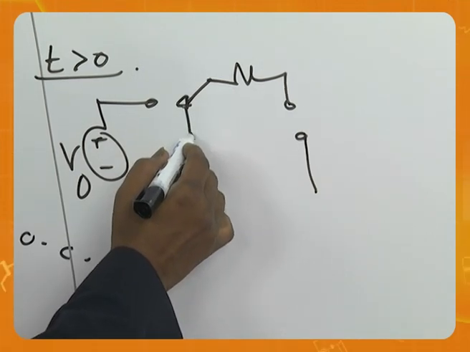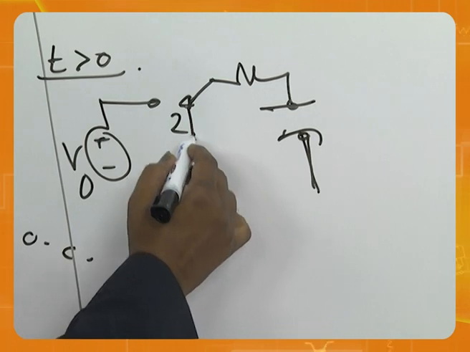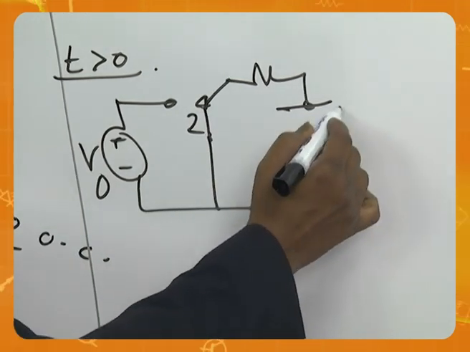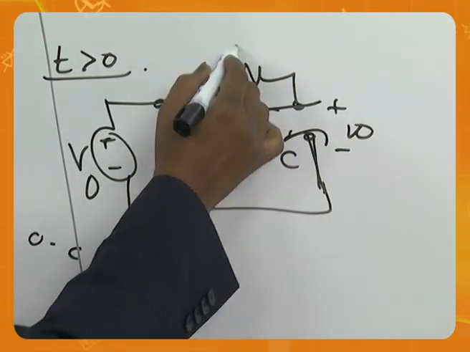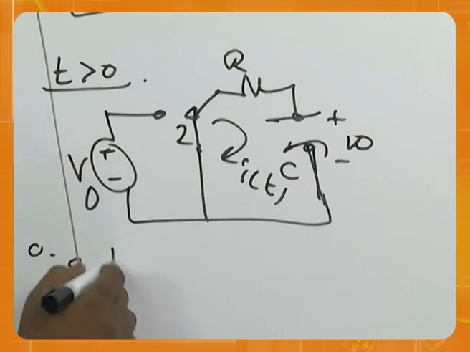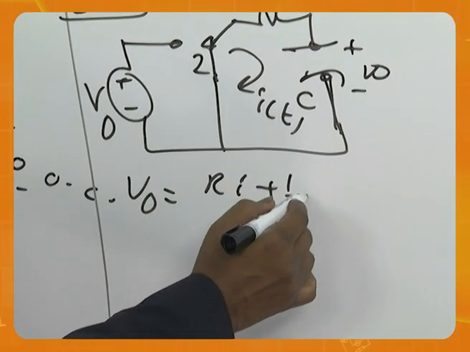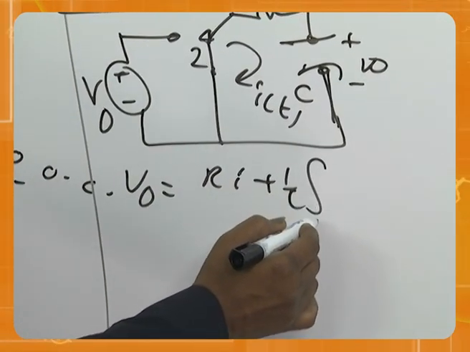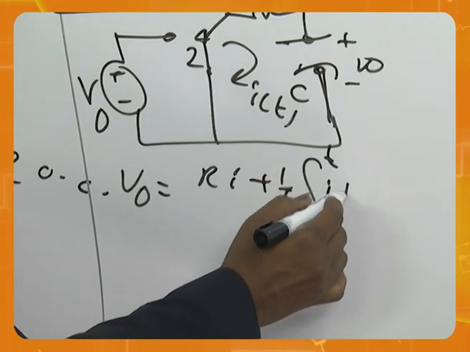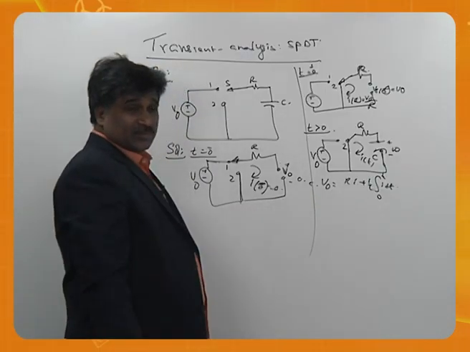The switch is at position 2, and the capacitor is also working. Say V0 is there, and this is i(t). So V0 is equal to R i plus 1 over C integral 0 to t of i dt. Where is this V0 coming from?